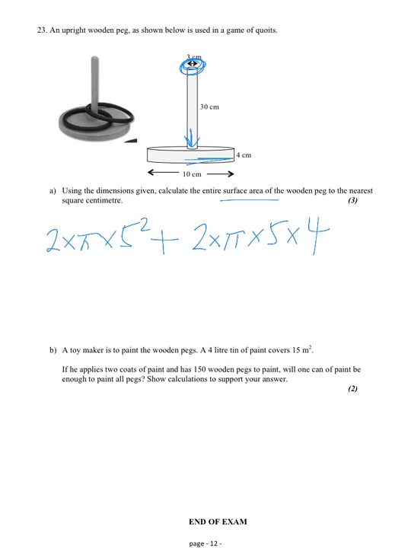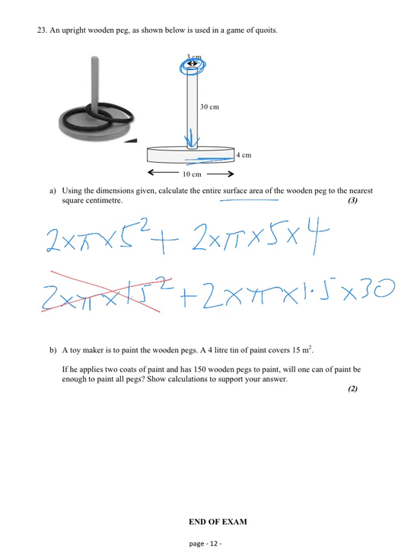Now the small cylinder, so normally the small cylinder will be the same thing. 2 times pi times 1.5 squared plus 2 times pi times 1.5 times 30. But we don't need that bit because of the two circles, well, one's obviously hidden and the top one we used as part of that big circle.